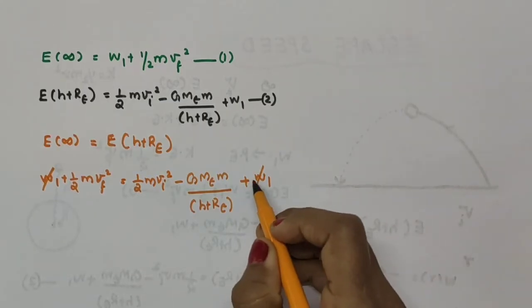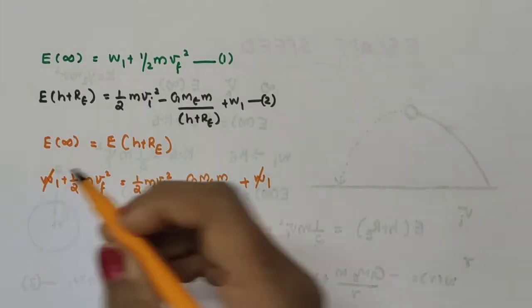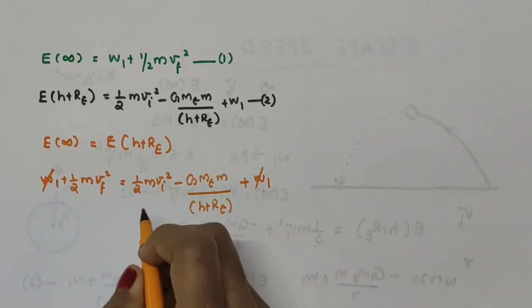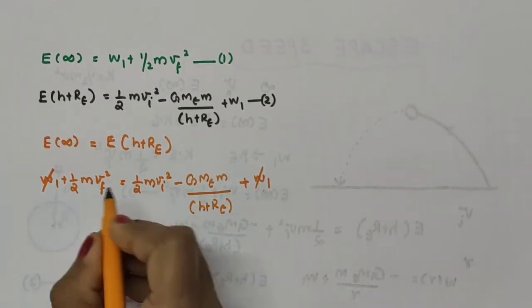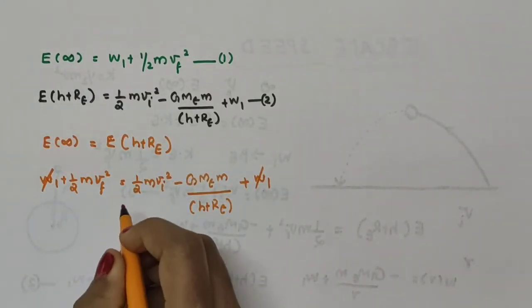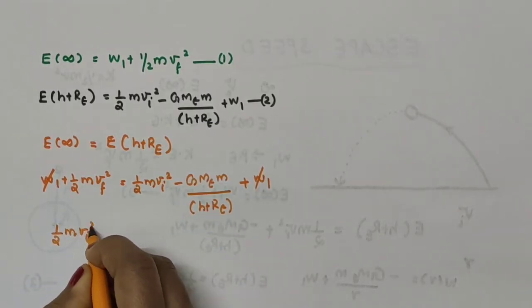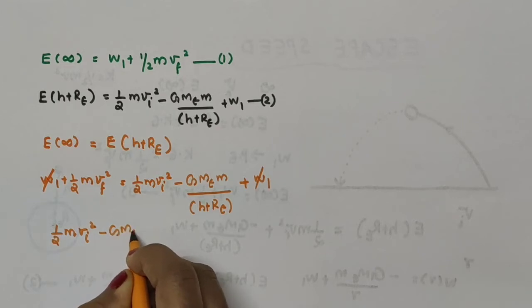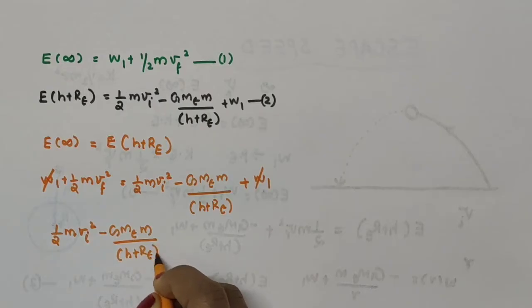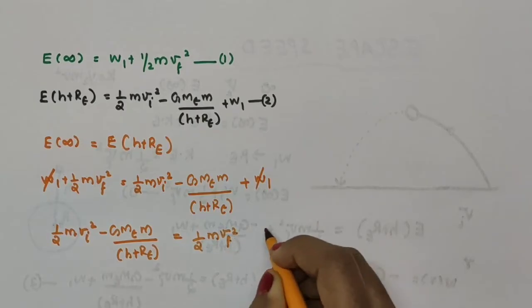If you take this plus W1 to this side, that becomes minus W1, so W1 minus W1 cancels. Next, I am just writing the right hand side here and the left hand side here. So here we can write half m vi square minus G Me m divided by h plus re equal to half m vf square.